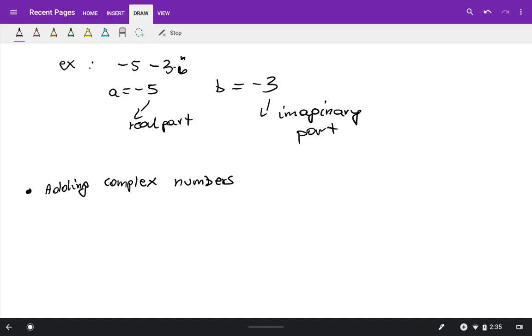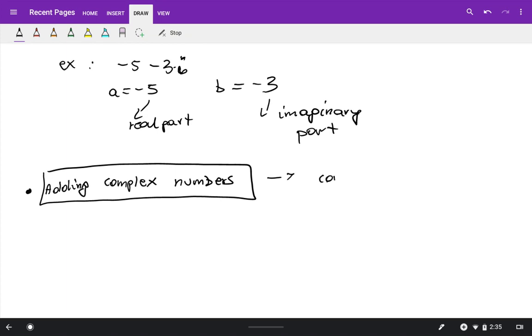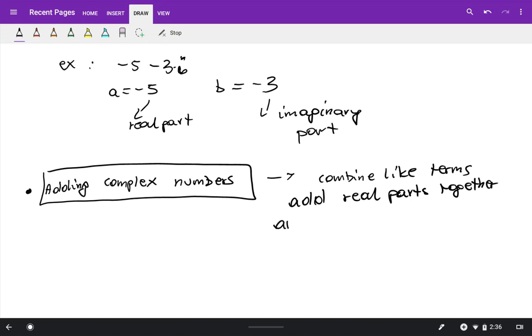To add complex numbers, the note from me will be just combine like terms. Add real parts together and imaginary parts together.